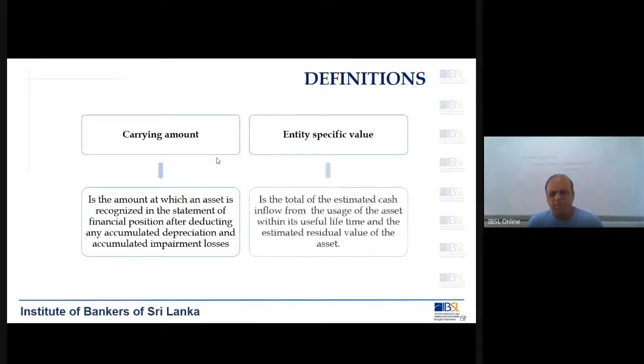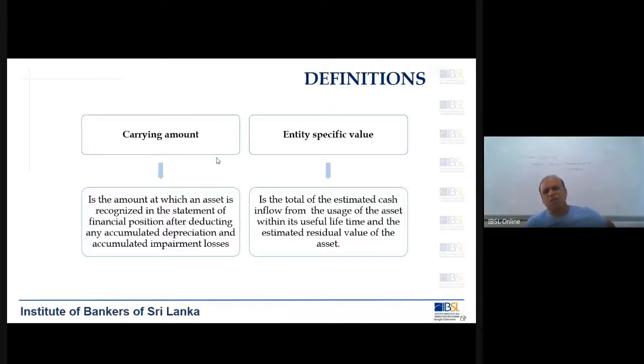Then entity specific value is something where the entity thinks it is the most appropriate value that I should consider for an asset. Okay, so this is the theoretical definition. They say it is the total of the estimated cash inflow from the usage of the asset within its useful life and the estimated residual value of the asset.